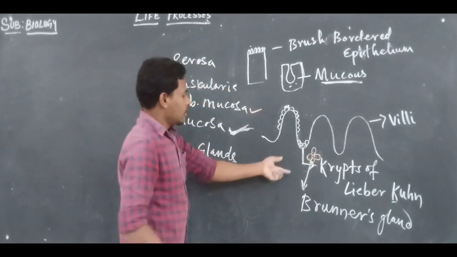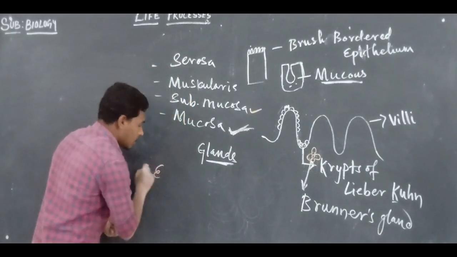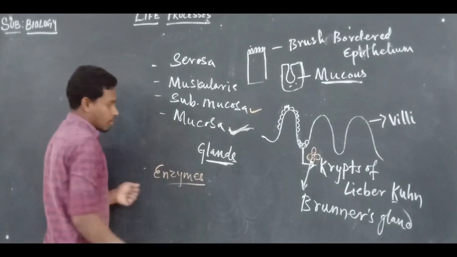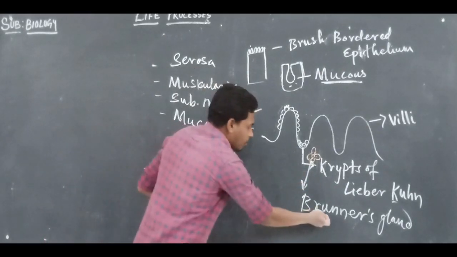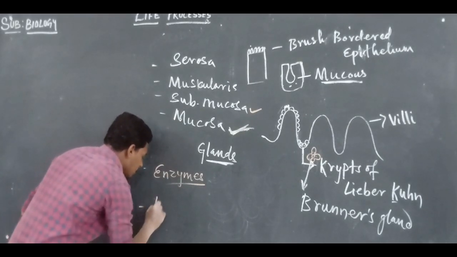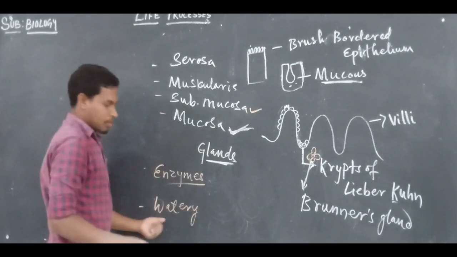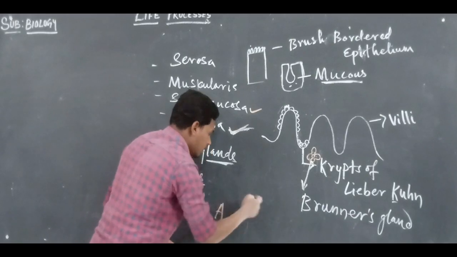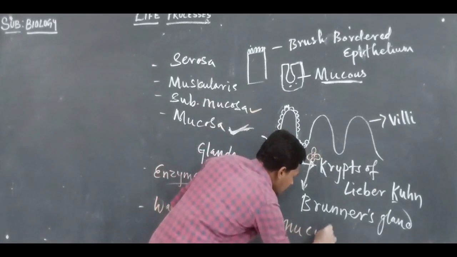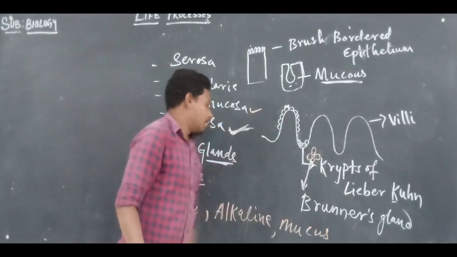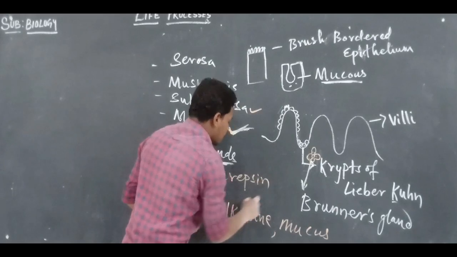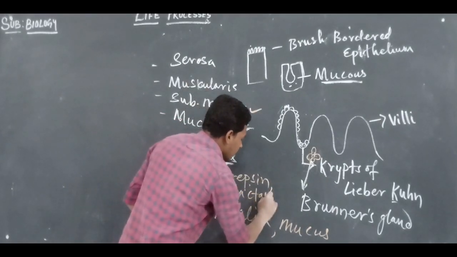These two glands will secrete enzymes. The main secretion of the crypts of Lieberkuhn is enzymes, like erepsin, lactase and lipase.